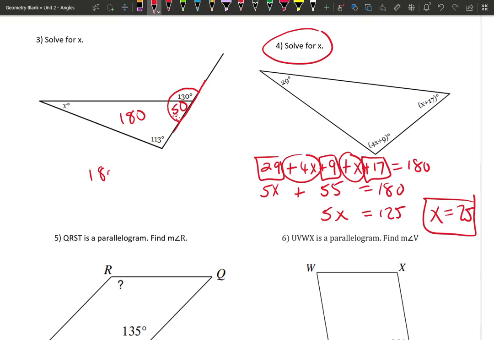So we're just going to subtract the 113 and also the 50. So let's see what that is. 180 minus 113 is 67, then minus that 50, and we get 17 degrees. So this is 17 degrees.